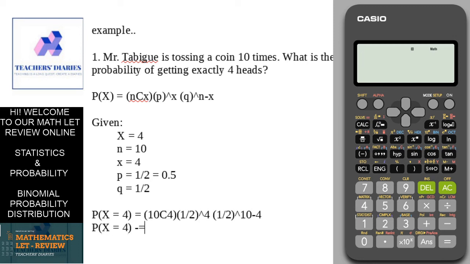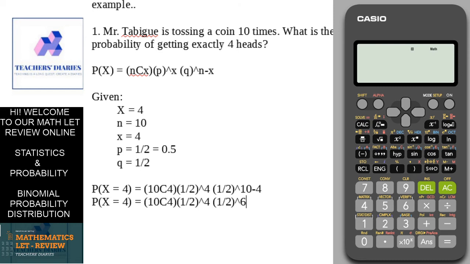Now just copy everything that we have here. Let's simplify this first, since we're going to use the calculator later on. Just copy here. 10 minus 4, that will be raised to the power of 6.